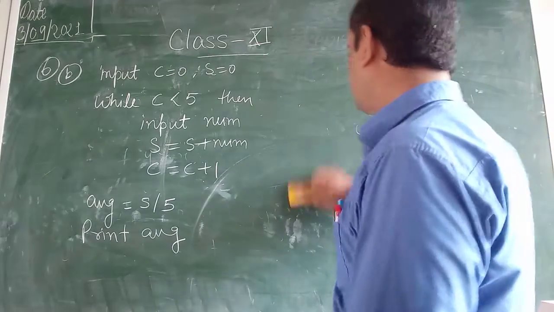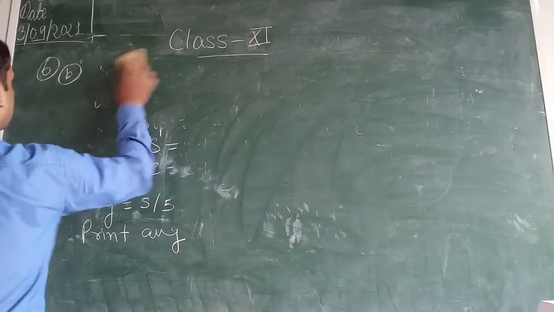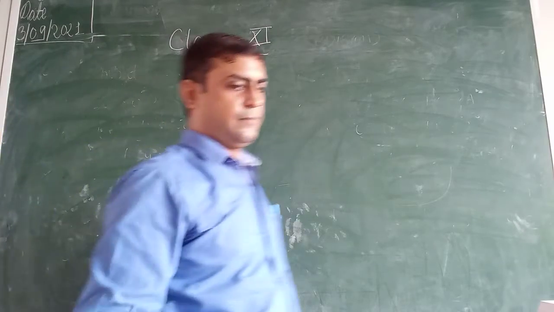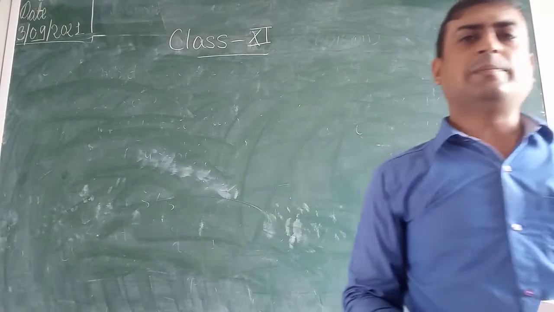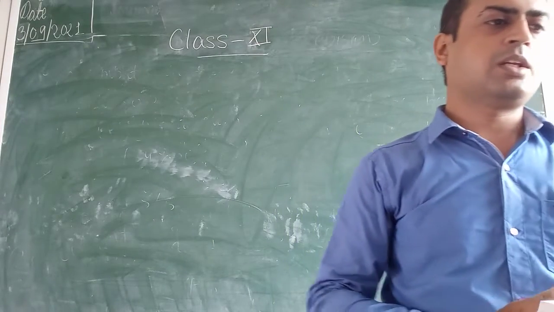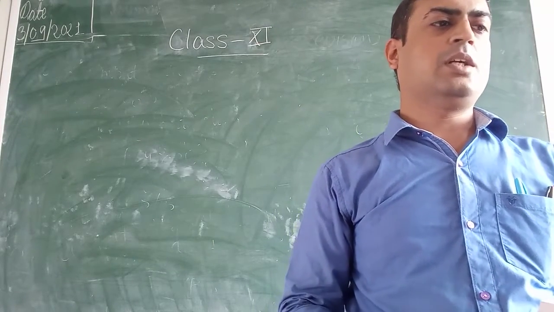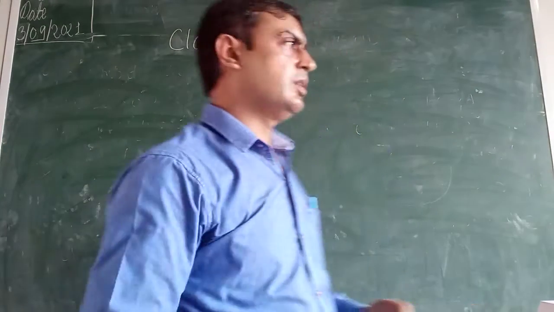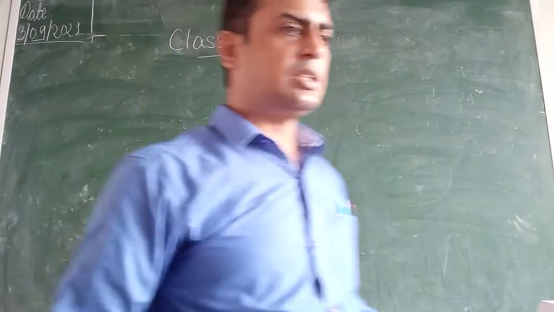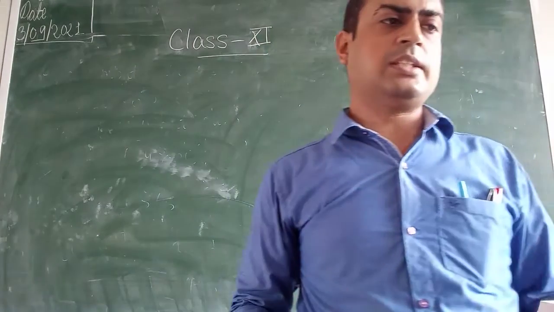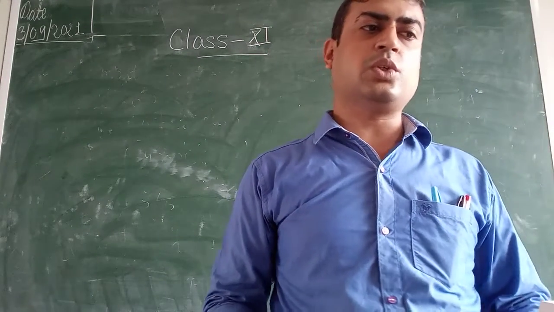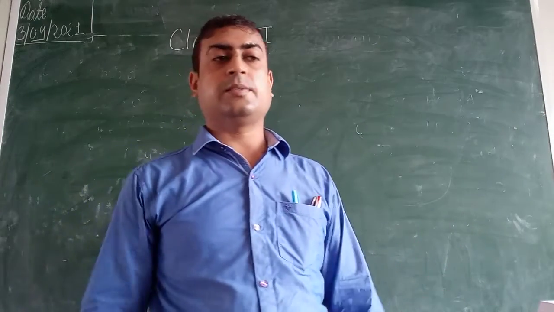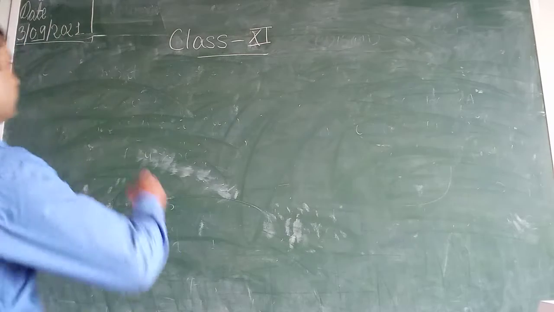Now on the page number 137, question number 8, to find the area and perimeter of a rectangle, what we have to do in this? Draw a flow chart, write algorithm and pseudocode for the following 8 to 24. You have to do all the things. So let's take an example.